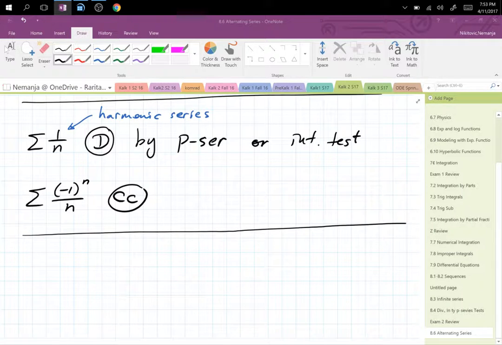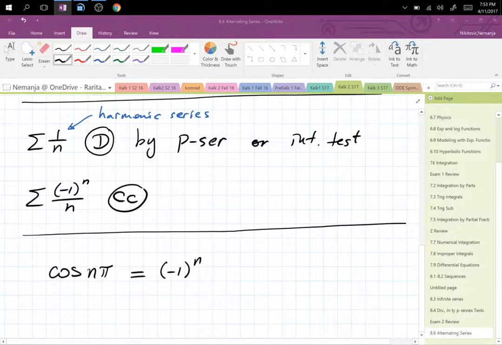But if you have cosine of n pi, this is exactly the same as writing -1 to the n. What's cosine of pi, for n equals 1? -1.